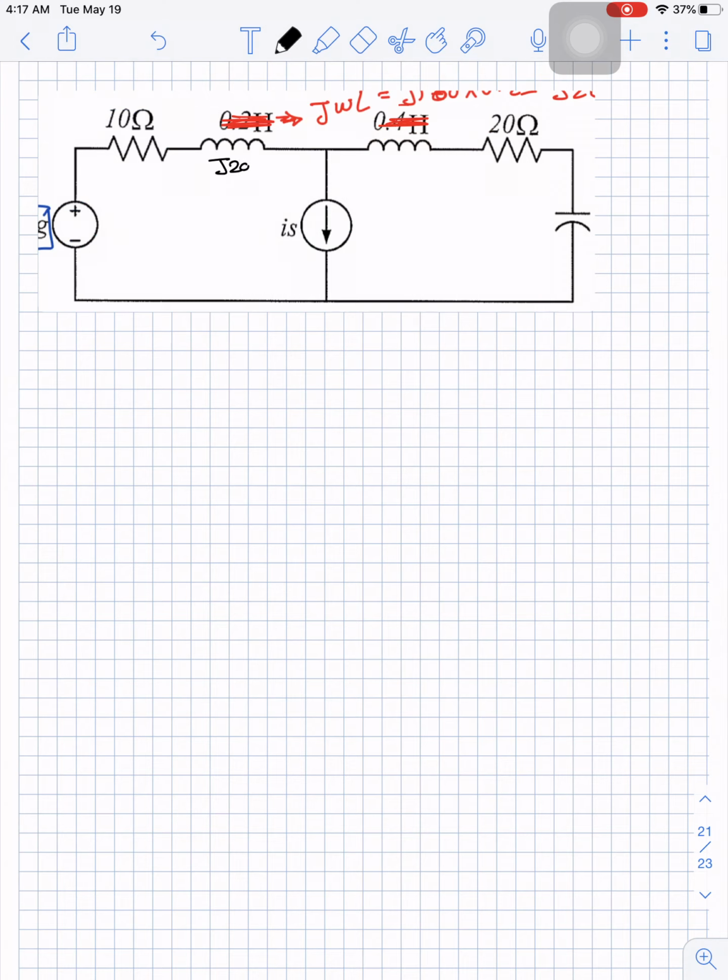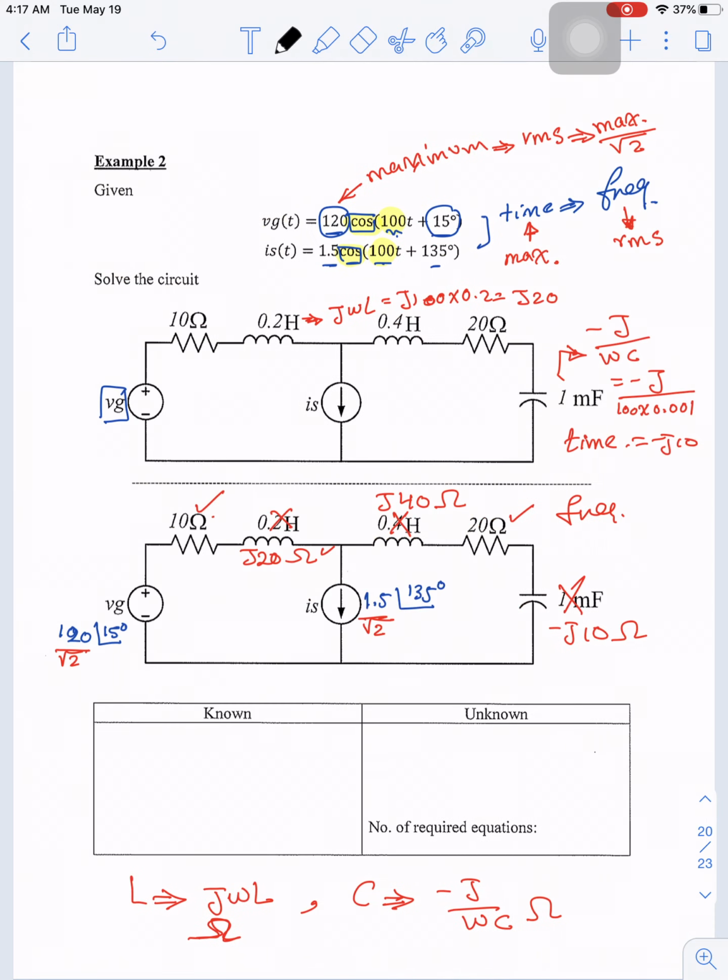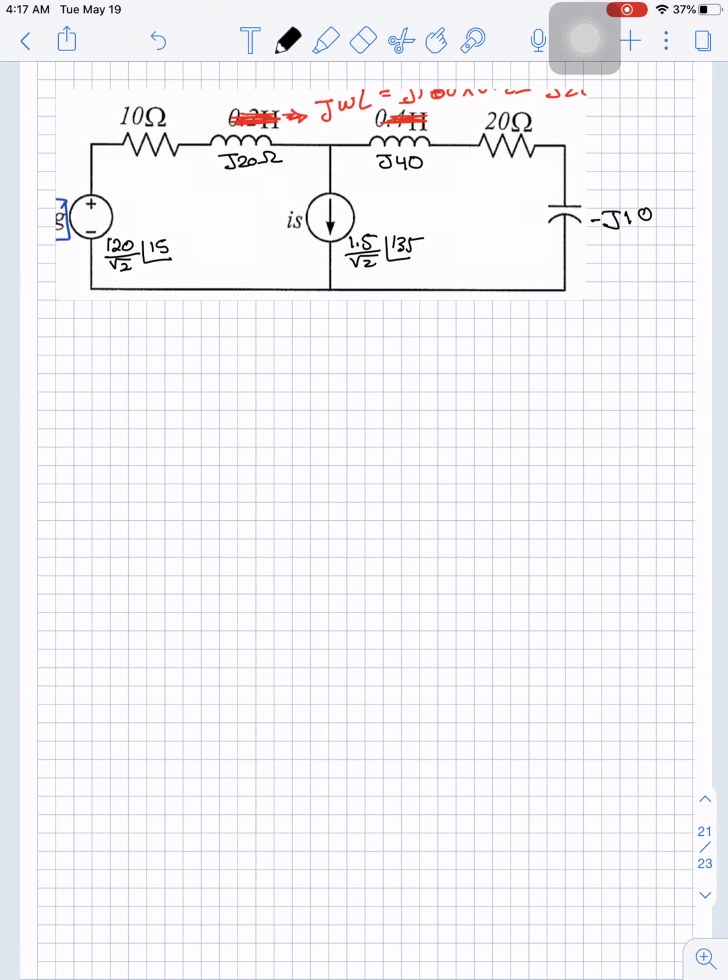Here we have J20 ohm, here we have minus J10 ohm, and here we have J40 ohm. And we have this source as 120 divided by root 2 angle 15. This source is 1.5 divided by root 2 angle 135. This is what we have here.